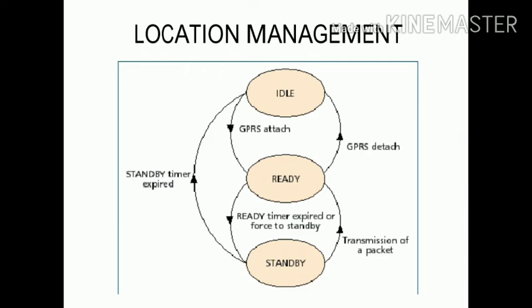Usually, location management means how to track an active mobile station between two consecutive phone calls. The aim of location management is to keep track of the user's current location so that incoming packets can be routed to its mobile station.